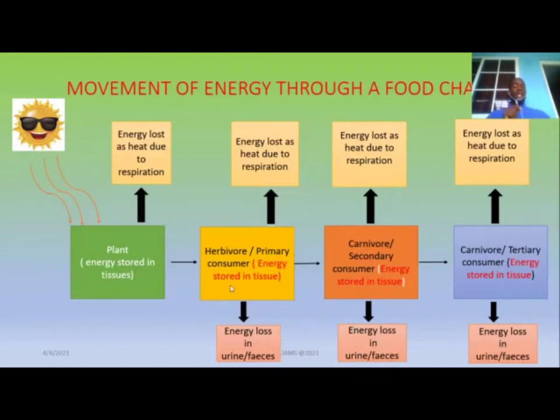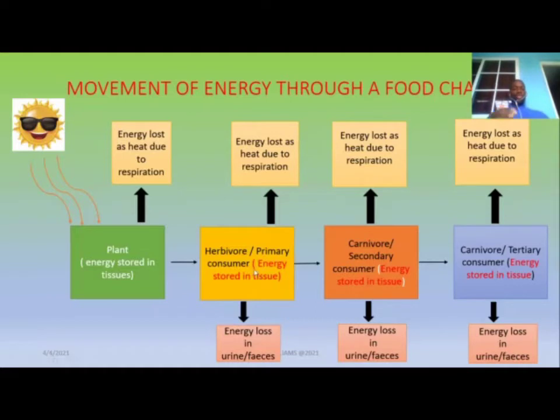But importantly, I want you to note that the amount of energy being stored in the tissues of the primary consumer is less. So just imagine when the secondary consumer eats that primary consumer and still loses some through feces, urine and respiration, they are going to store even less in terms of percentage than what the primary consumer stored. Following me?